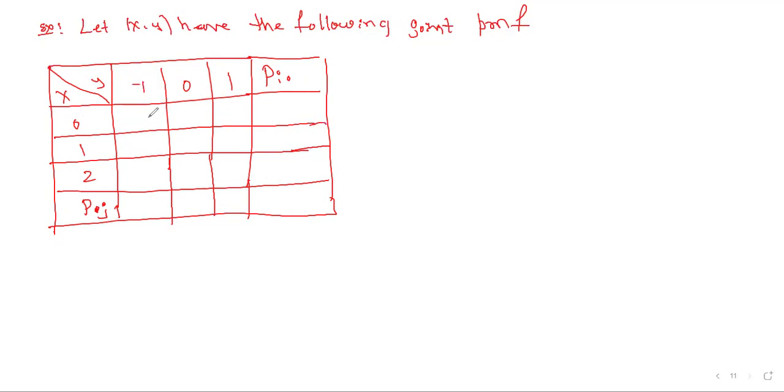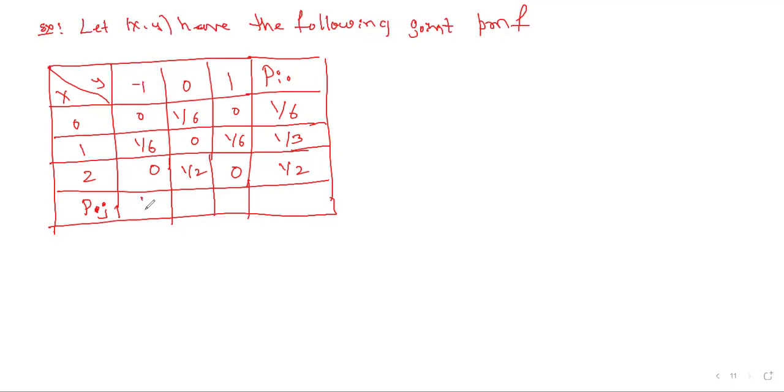Right? So here 0, 1 by 6, 0. The sum of this is 1 by 6: 0 plus 1 by 6 plus 0, that is 1 by 6. Then 1 by 6, 0, 1 by 6: 1 by 6 plus 1 by 6, 2 by 6, that is 1 by 3. Then 0, 1 by 2, 0: 0 plus 1 by 2 plus 0, that is 1 by 2.